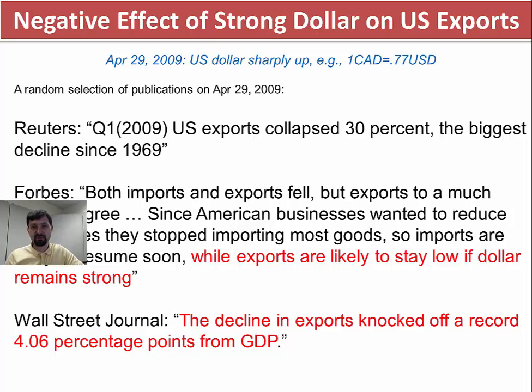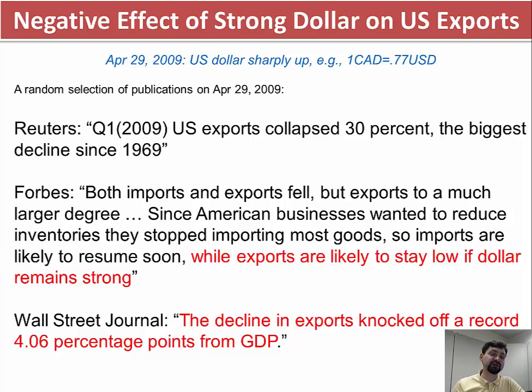Now, again, if you're still not convinced that weak currency sometimes is good for the economy, and vice versa, strong currency sometimes may have a detrimental effect on the economy, here are again some highlights or some extracts from the newspapers of 2009, and I took those on April 29. And the reason I chose that date is because that's when the US dollar was very strong. That's when it went up very, very rapidly.